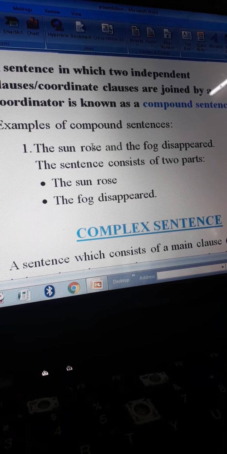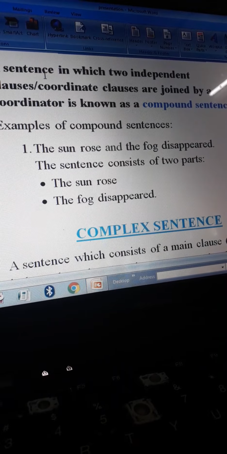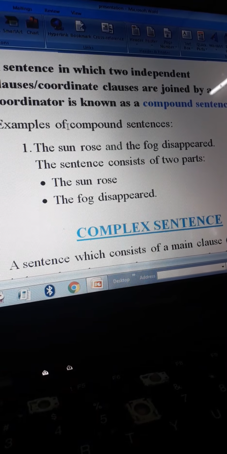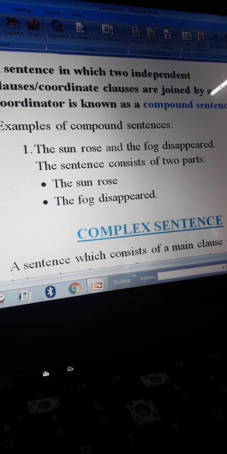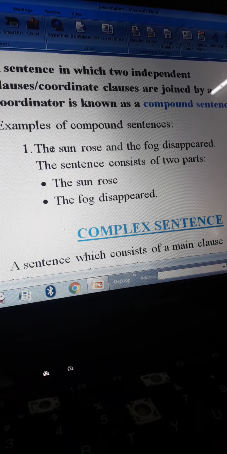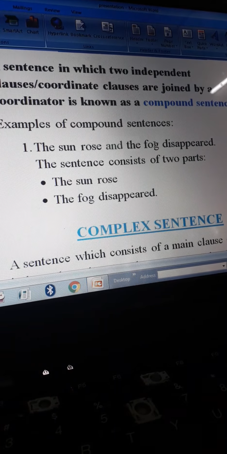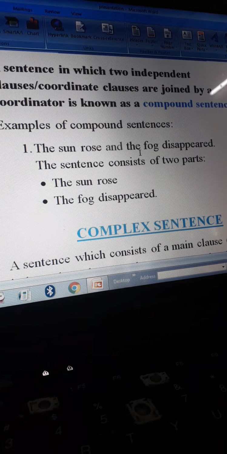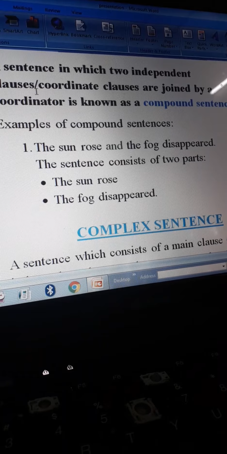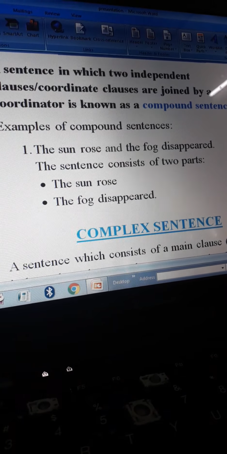Clear everyone? So the sentence which contains two independent clauses joined by a coordinator is known as a compound sentence. These two clauses are independent. They do not require the help of each other to complete the meaning. Okay? So I hope compound sentence is clear to you.